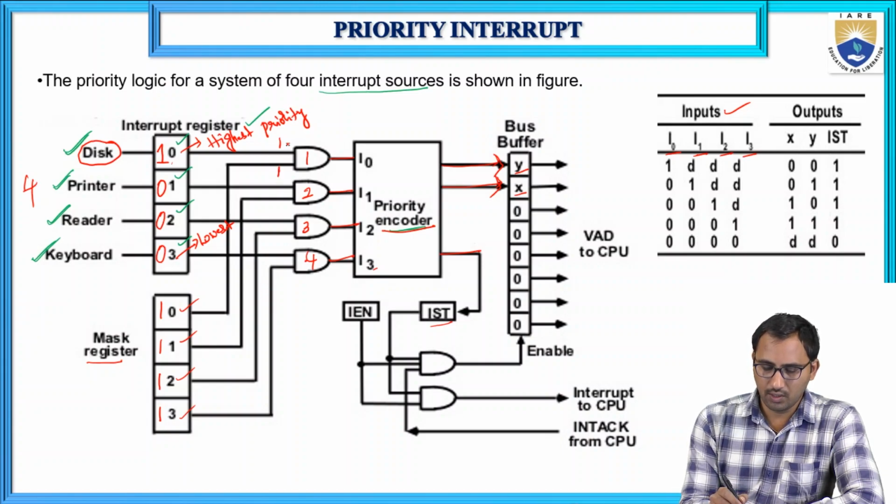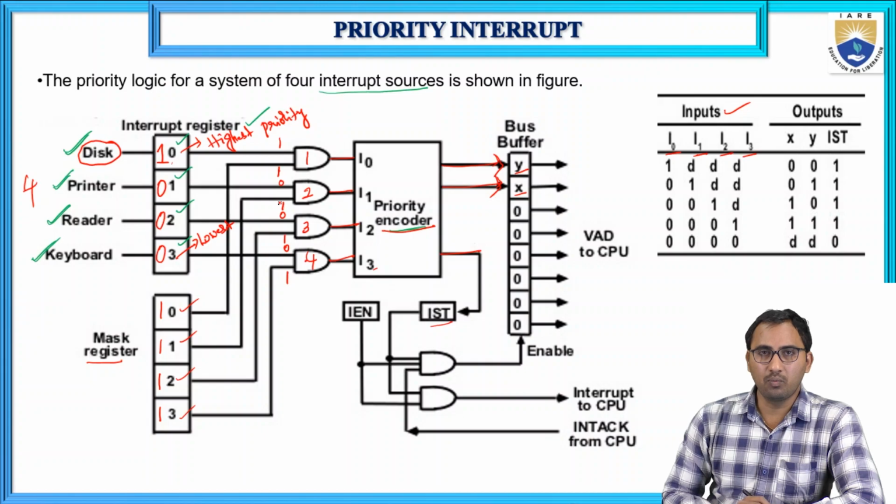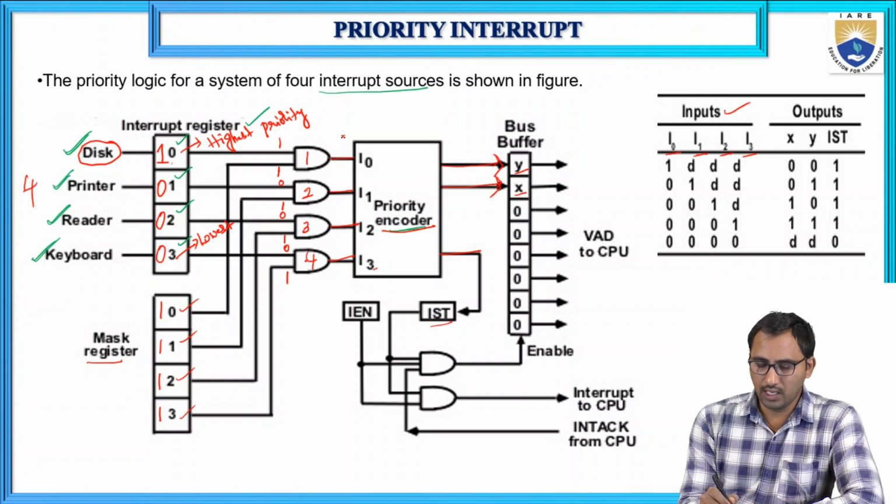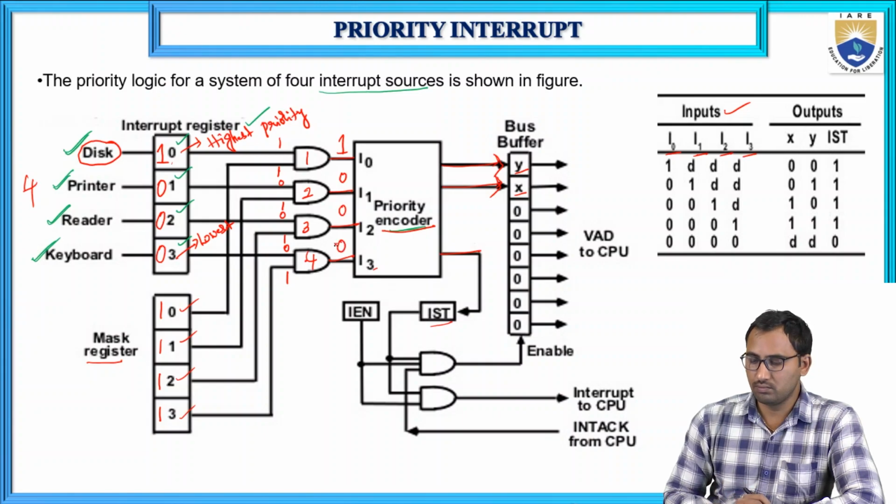So see here, the interrupt inputs are 1, 0, 0, 0 and the mask inputs are 1, 1, 1, 1. What will be the output of the AND gates? Here it is 1, and here 0, 0, 0.